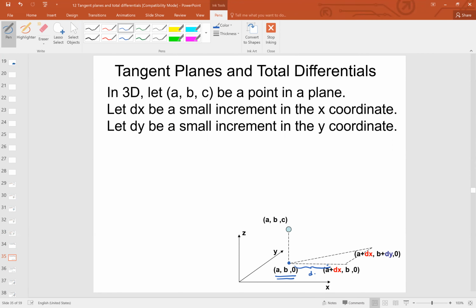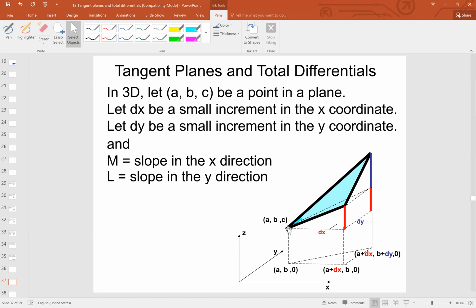And the question is, suppose now I have a plane that contains the point (a, b, c), and suppose this plane sits in space in such a manner that the slope in the x direction is m, but from this side, in the YZ side, the slope is L.